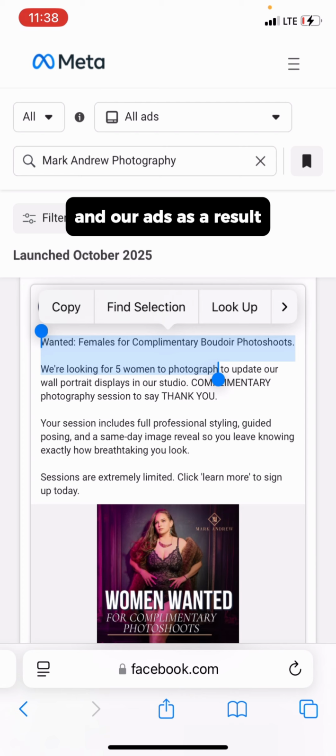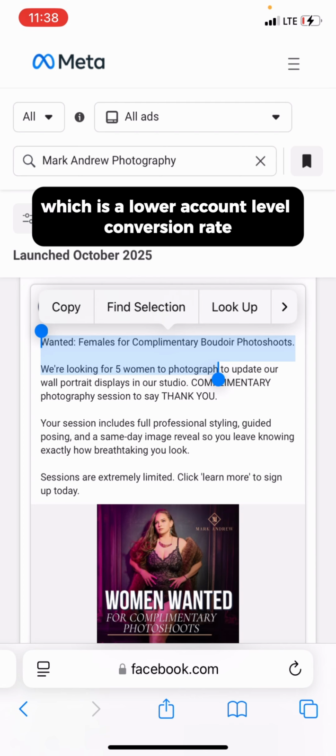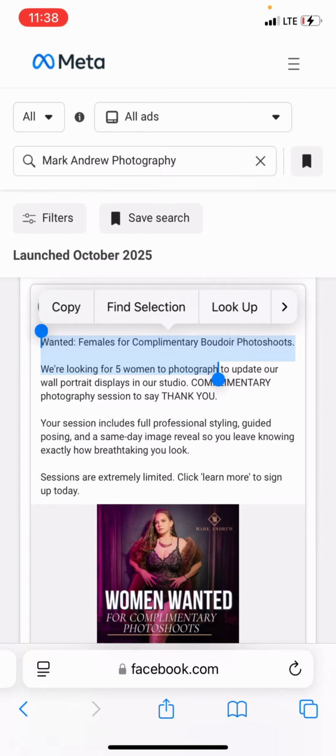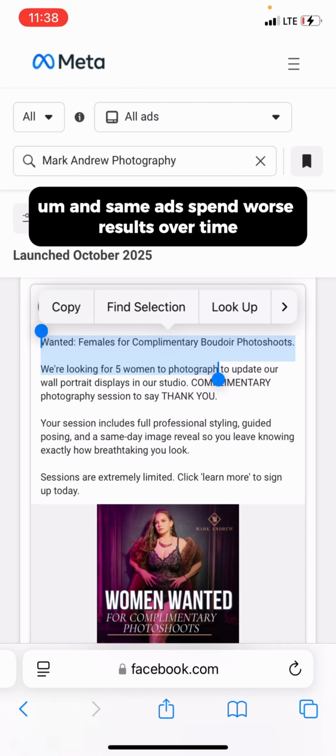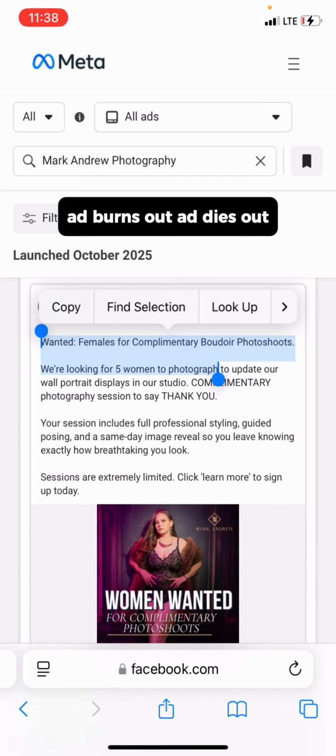And our ads, as a result, go to lower quality Meta profiles for tranche 2, which is a lower account level conversion rate. And same ad spend, worse results over time, downward spiral of despair, feeds into itself over and over again. Ad burns out, ad dies out, refresh creative.